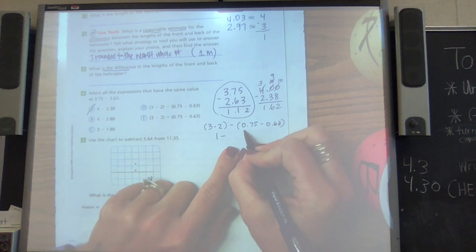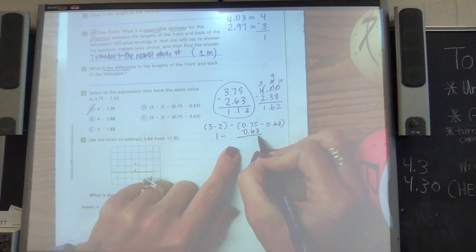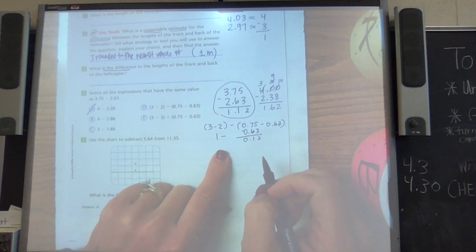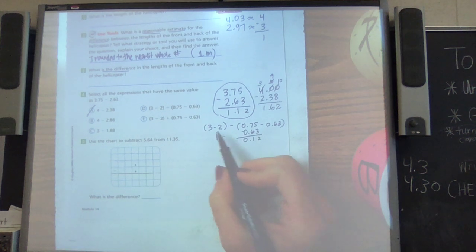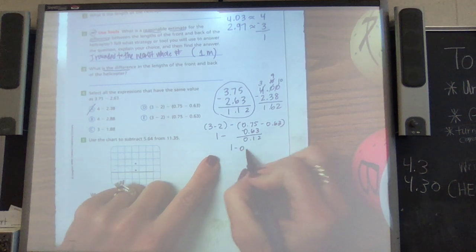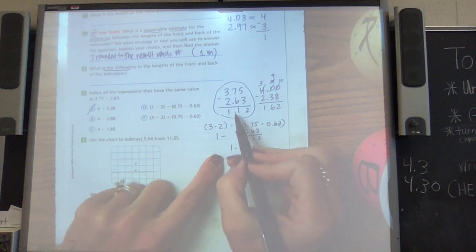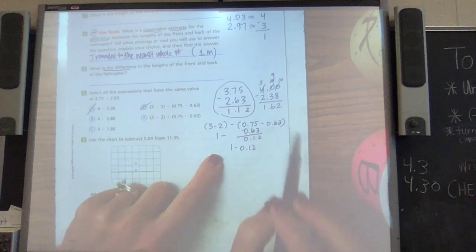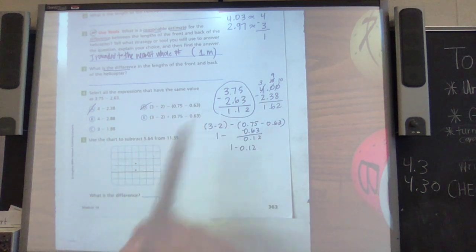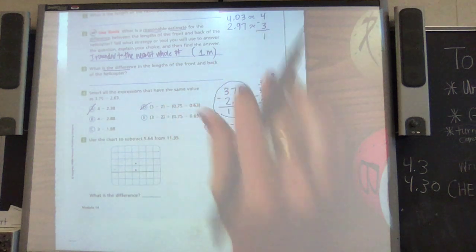So I'm going to just stick these under each other. That gives me 2, 1, okay? So then I'm going to have 1 minus 12 hundredths. Well, I know that's not going to give me 1 and 12 hundredths, so that one also doesn't work. So solve B, C, and D and see if they give you 1 and 12 hundredths.